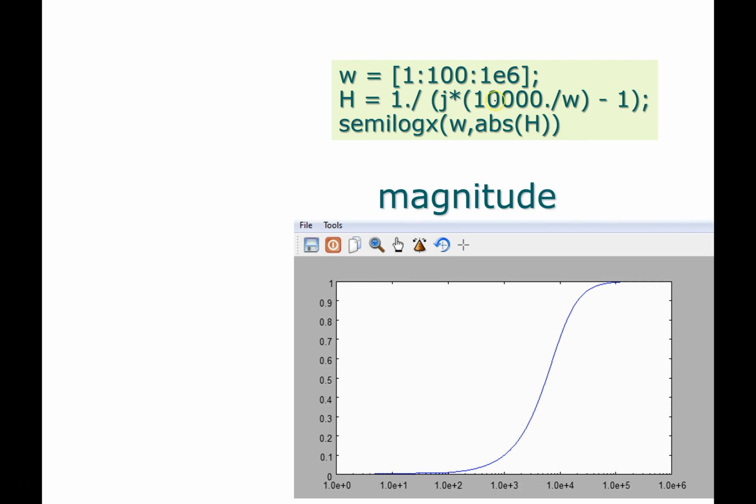So in MATLAB, you make an omega vector that goes from 1 hertz to 1,000,000 hertz, and we construct our system function by dividing by omega 0 over omega minus 1, and on a log scale on the x-axis we can plot omega and the magnitude of the system function.